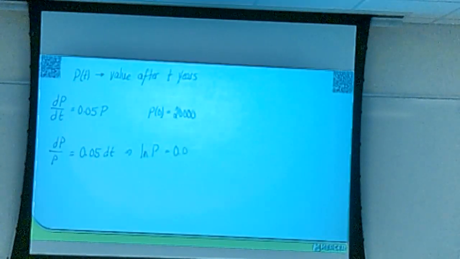We're going to get dP over P equals 0.05 dt. This means that natural log of P is 0.05 t plus C. Notice I don't have the absolute values because P is always going to be non-negative.